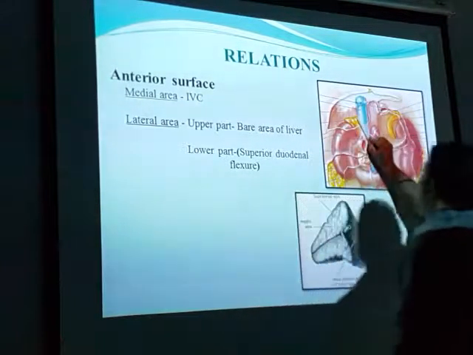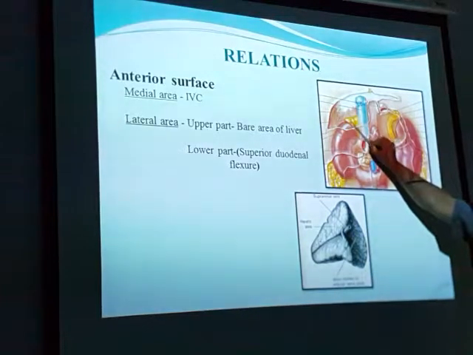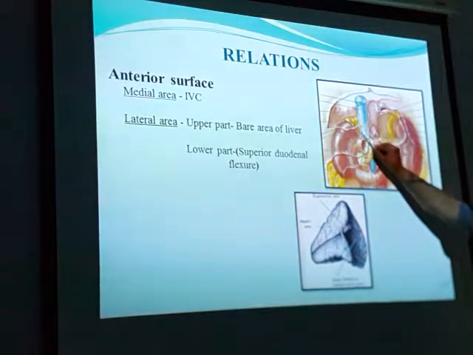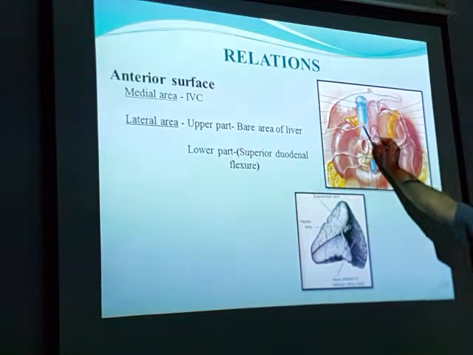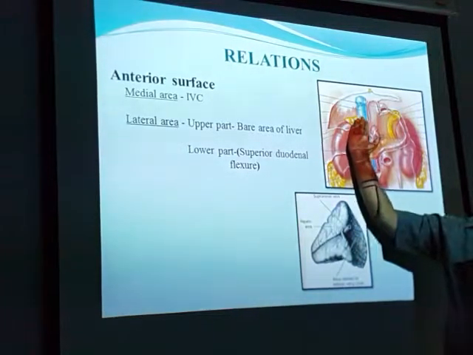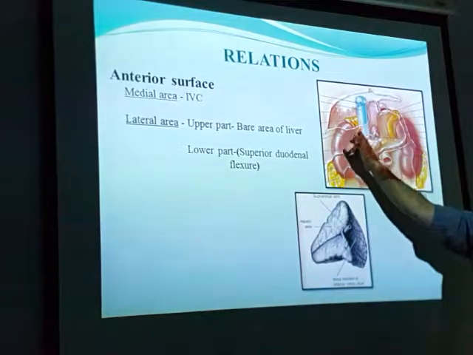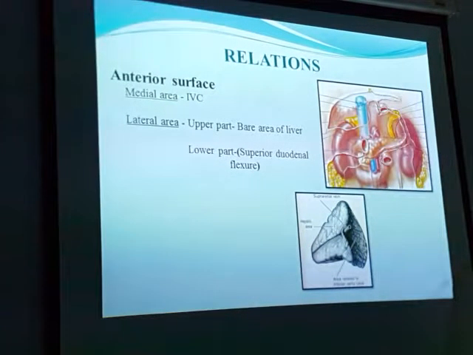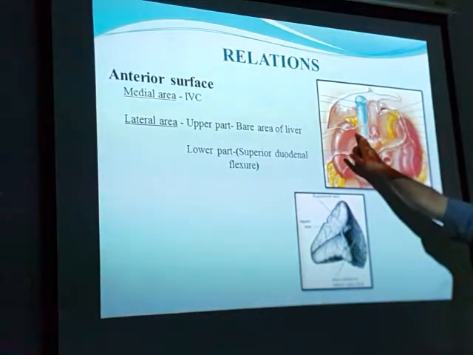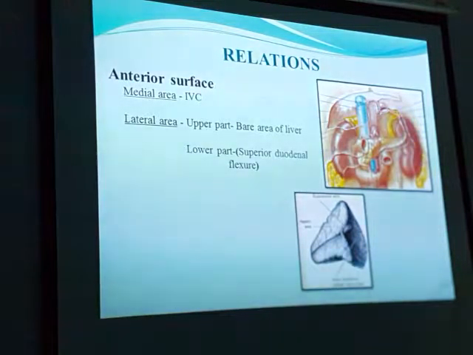See here, whatever you are seeing, this is the anterior surface of the right suprarenal gland. Posterior to this, the posterior surface. Medial border and the lateral border. Apex and the base of the right suprarenal gland.